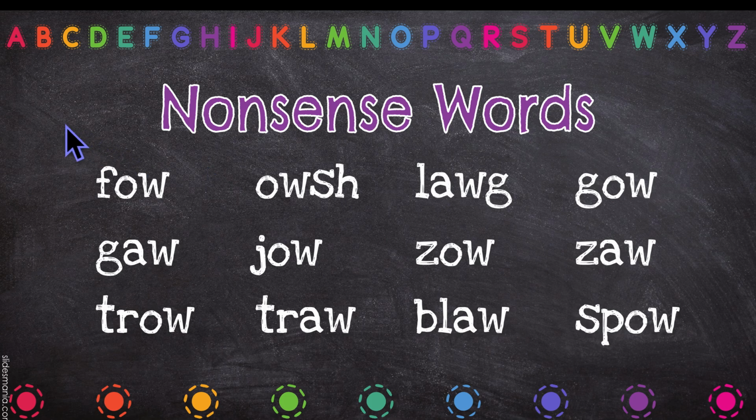Let's practice with some nonsense words. These are silly, made-up words to make sure that you are not guessing, that you are reading the sounds the letters make. This one has two sounds, so we will try O and then ow. O, fo. Ow, fow.